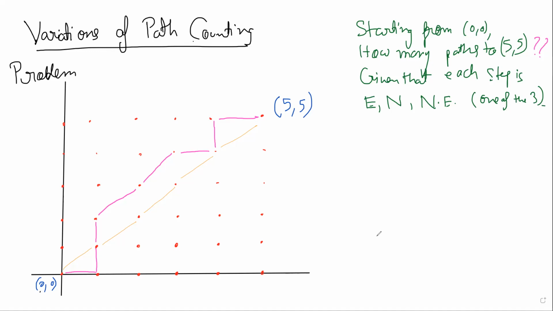So let's say if you are finding 5,5 difficult, you would have done for 1,1. What is the answer for 1,1? I'm calling it answer of 1,1. This is a fair notation. You agree? Answer of 1,1. What should this be?